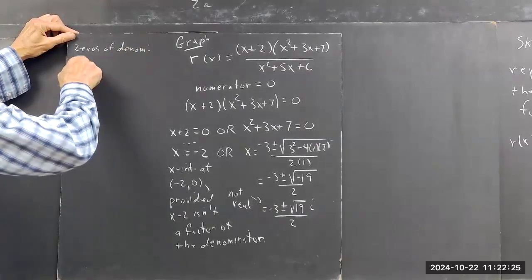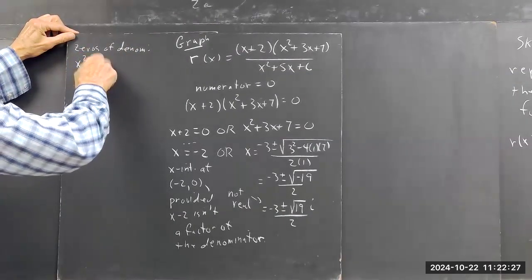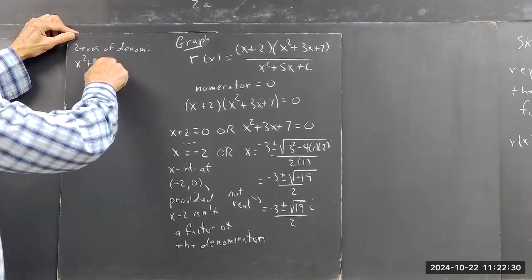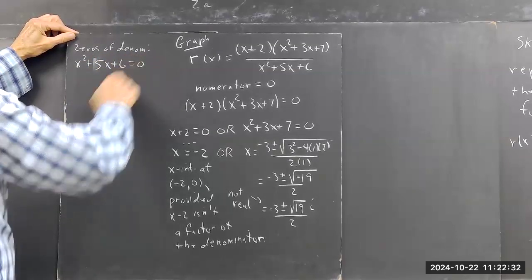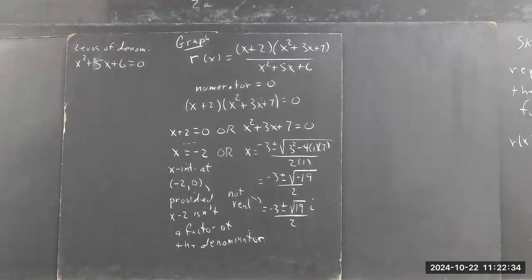The denominator: x squared plus 5x plus 6 equals 0. Now, you might or might not notice that that's easy to factor. You might or might not factor it.